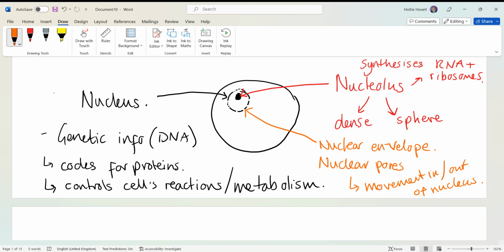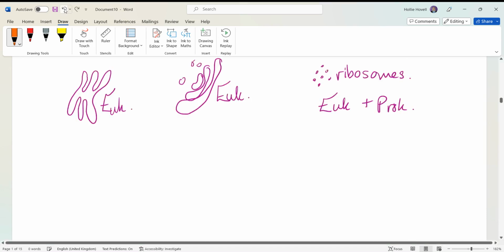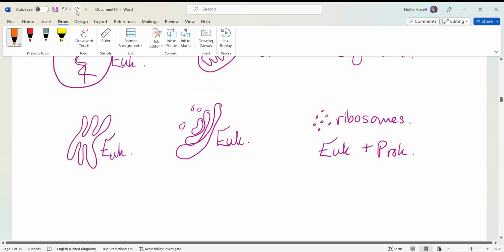Now, a little bit more about our DNA. So our DNA is folded up into chromosomes, and we talk about it containing chromatin. So chromatin is basically, oops.